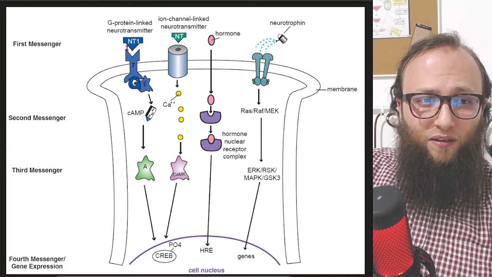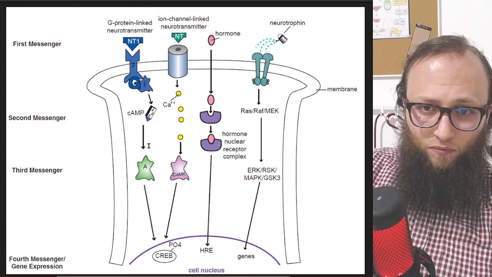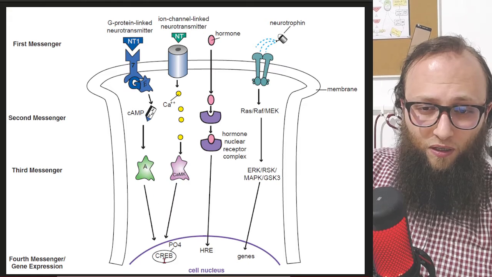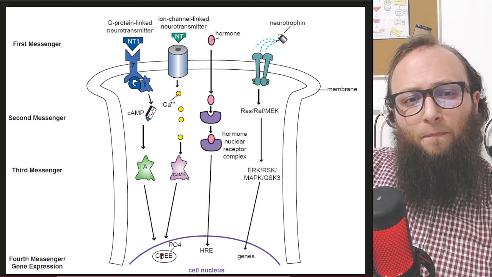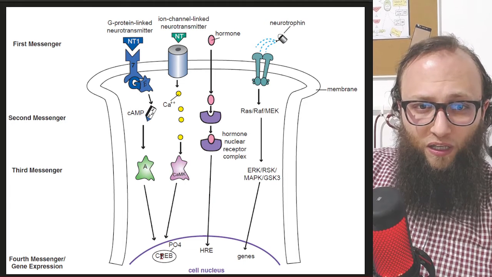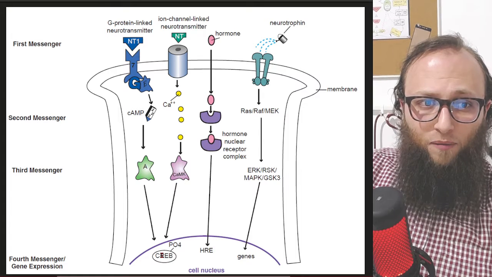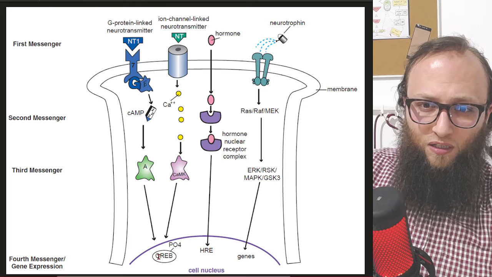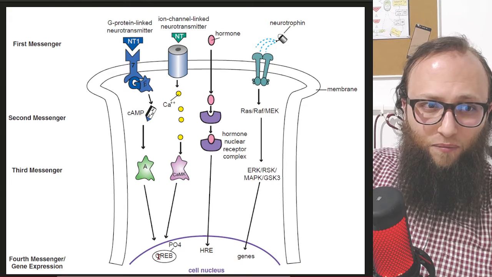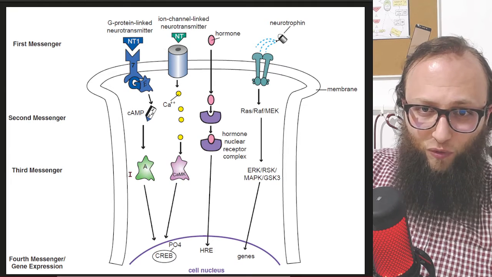And another similarity here is that both of these systems activate genes in the cell nucleus by phosphorylating a protein called cyclic AMP response element binding protein, the CREB. So these are the similarities between these systems.